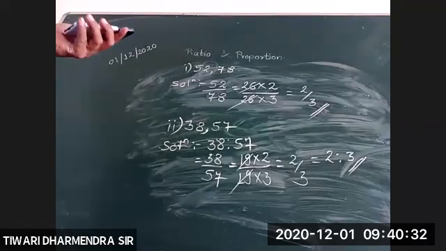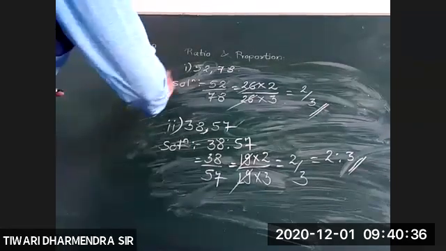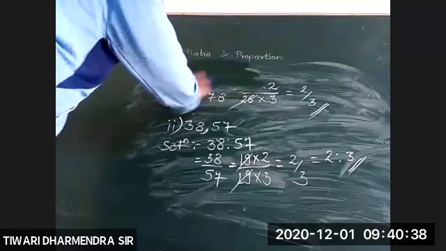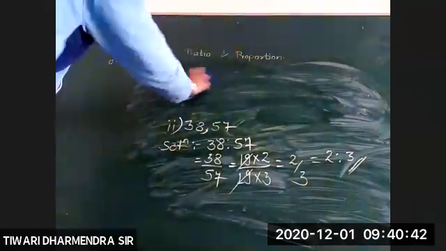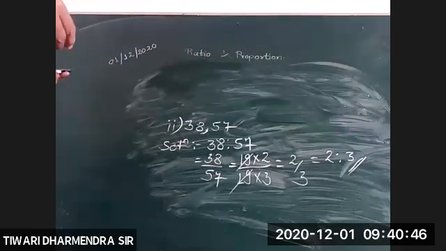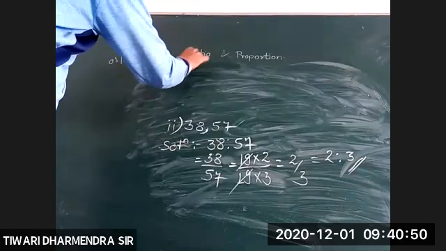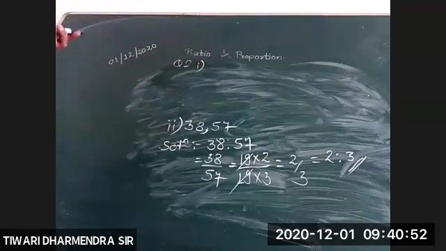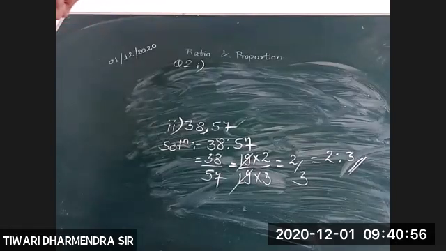Okay, we'll proceed with question number 2. In question number 2, what have they given? Find the reduced form of the ratio of the first quantity to the second quantity.